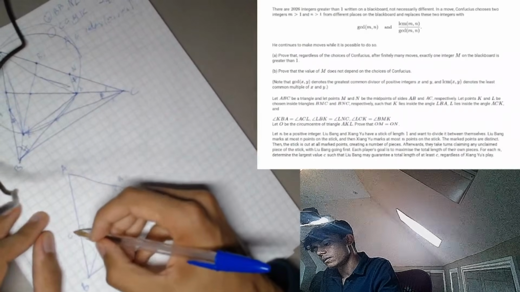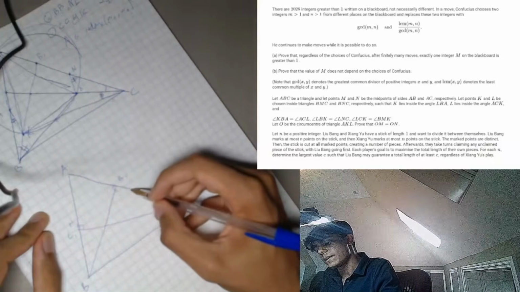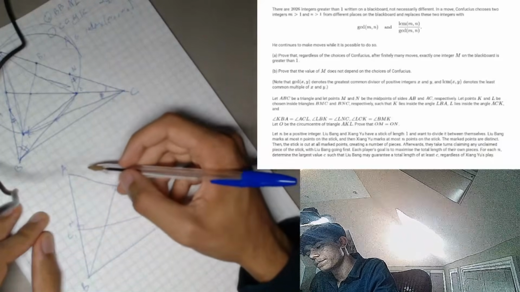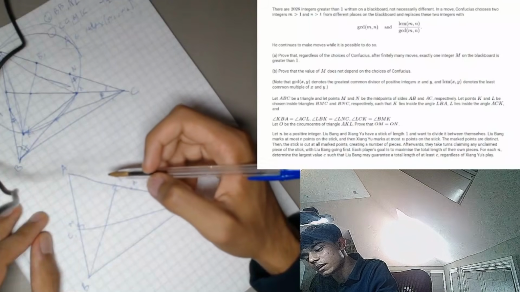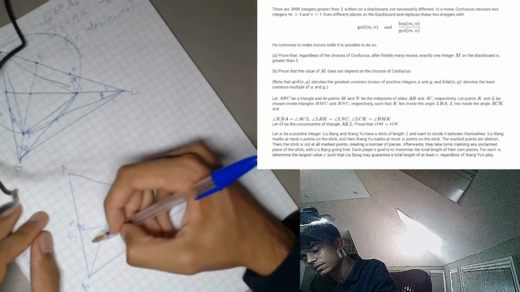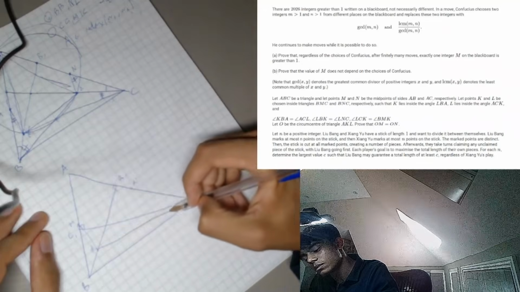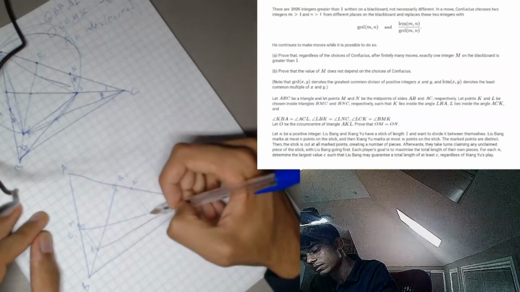Okay, if this is kind of where M goes. Let's say K is where this circle meets here. This circle meets here.